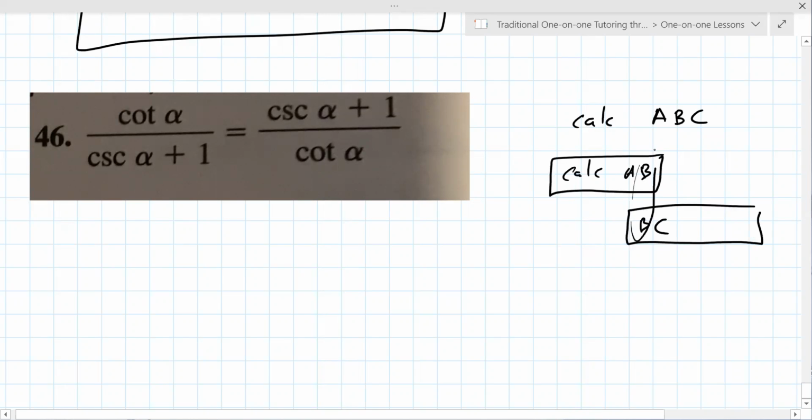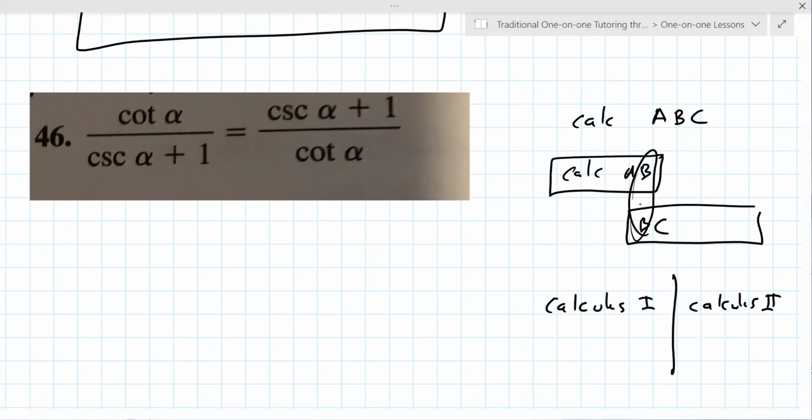So you end up seeing some of the same stuff in both classes. Whereas when you go to colleges, they just call it calculus 1 and calculus 2. And there's this clear division. But in high school, the AP classes overlap, and that's why they call it AB and BC. Okay, yeah. I don't know.